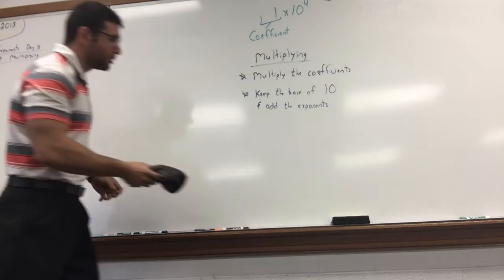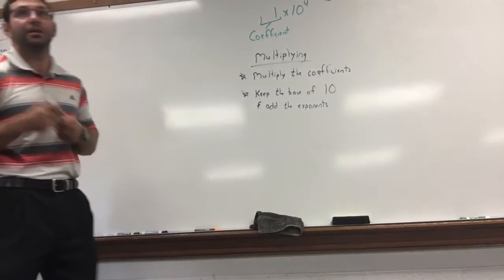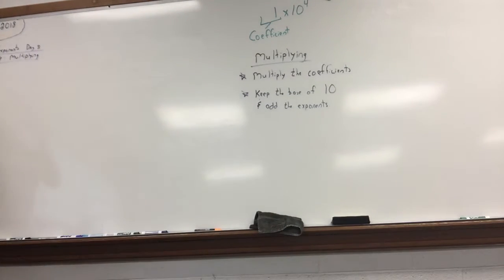So here is how you're going to see scientific notation getting multiplied. Here's our example. You might see 2 times 10 squared in parentheses, and then another set of parentheses that says 3 times 10 to the 6th.